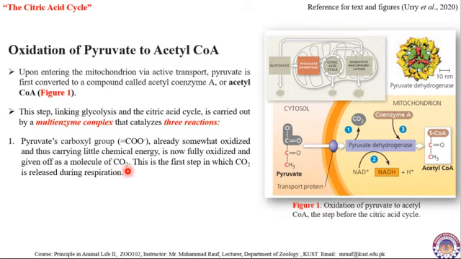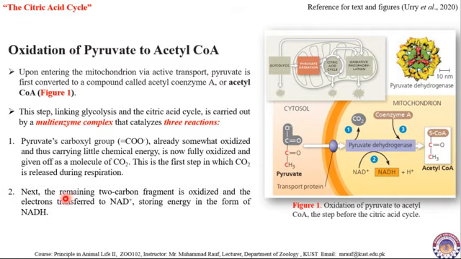So the first reaction is the removal of the carboxyl group. When the carboxyl group is removed, a 2 carbon molecule is left. And remember that this is the first time carbon dioxide is liberated in aerobic cellular respiration.